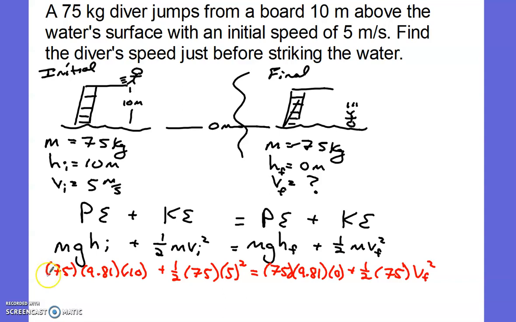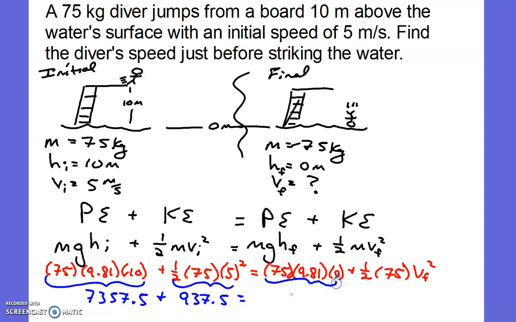What we get here is that this comes out to be 7,357.5 plus this here comes out to be 937.5 equals, this all comes out to be 0, and then 1/2 of 75, which is 37.5 times VF squared.